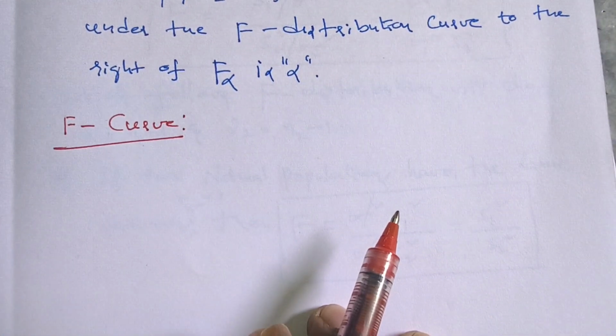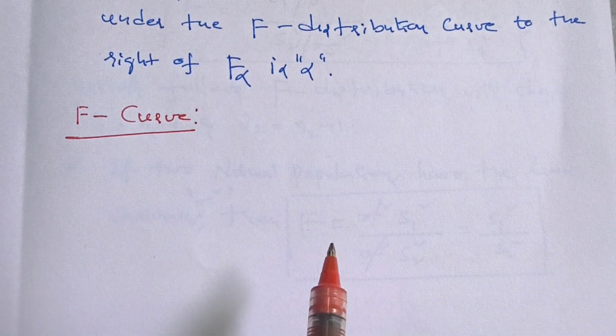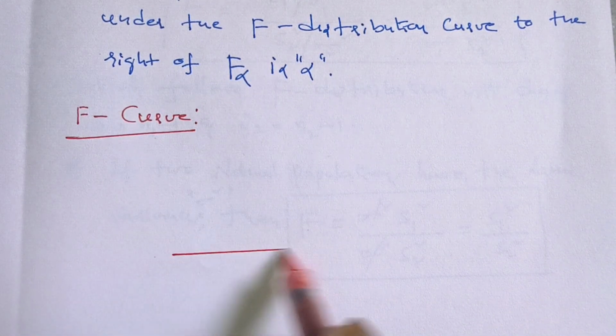So we indicate the area under the given curve which is to the right side of the given point.